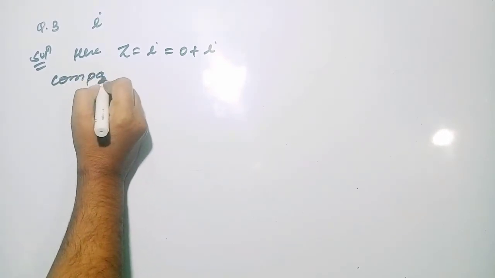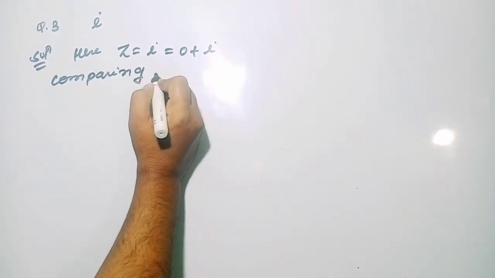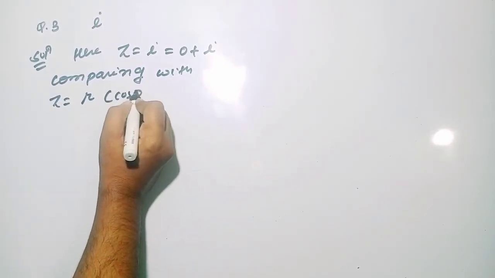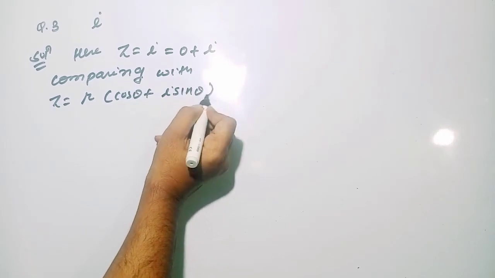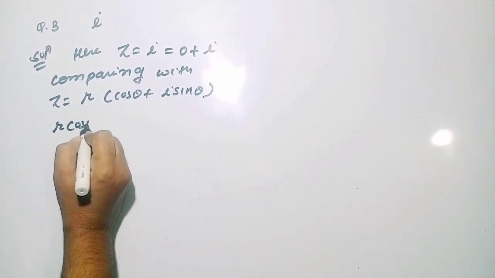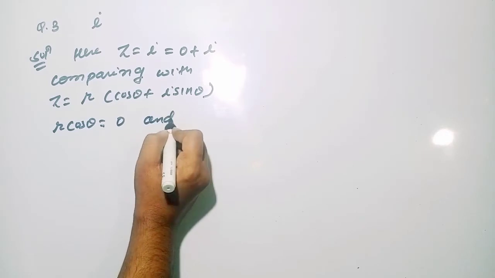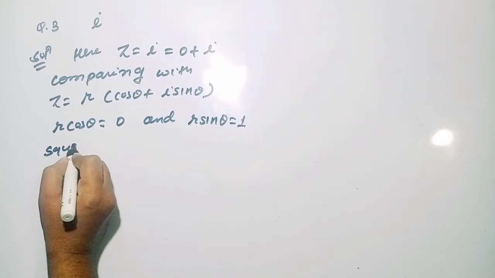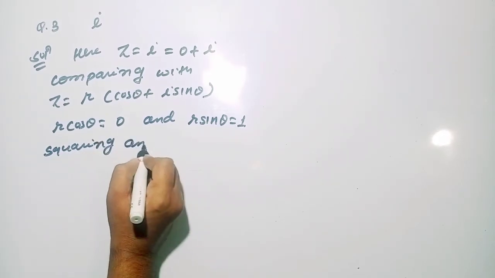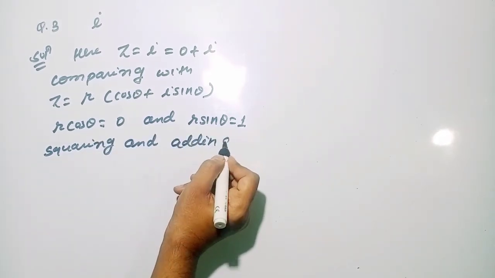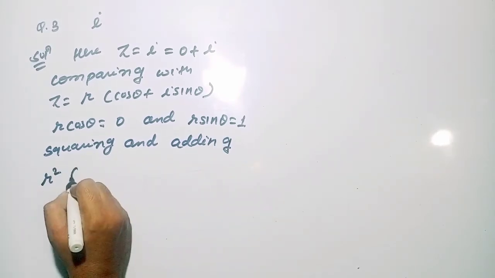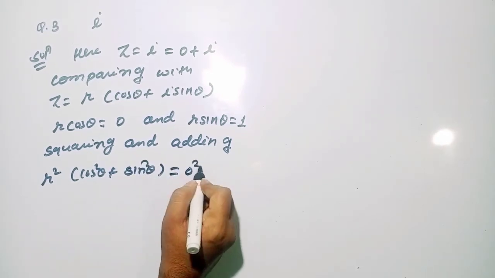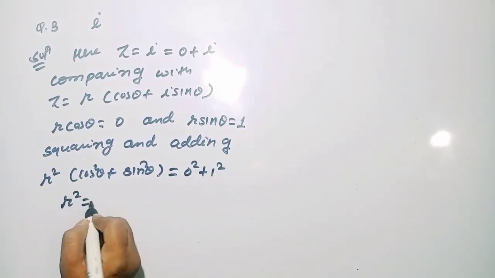Now comparing with the polar form of a complex number, z is equal to r (cos theta plus iota sin theta), we are getting r cos theta is equal to 0 and r sin theta is equal to 1. So squaring and adding these two results, r square (cos square theta plus sin square theta) is equal to 0 square plus 1 square. So r square is equal to 1.